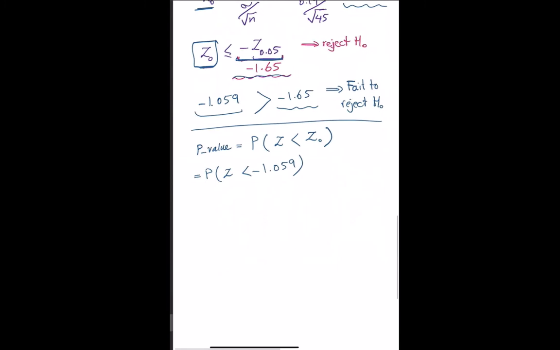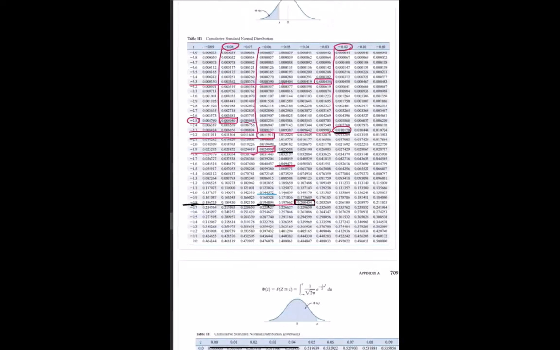Okay, let's go to the z table. I can round this and write it as minus 1.06. Let's find that. Minus 1.06 is this value, 0.144.